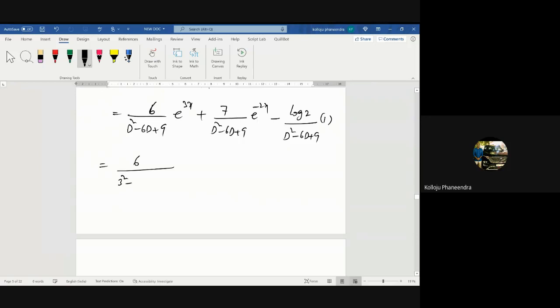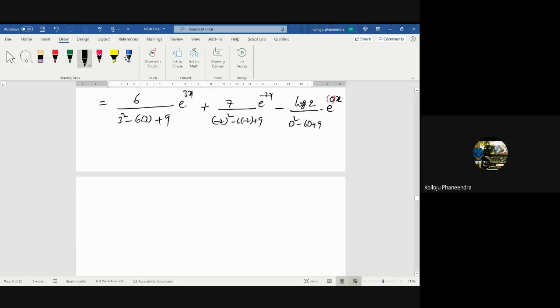You write 3 square minus 6 into 3 plus 9 for e power 3x, and for 7, minus 2 whole square minus 6 into minus 2 plus 9 for e power minus 2x. And log 2 is the constant, so take it as e power 0x, so replace D by 0: 0 square minus 6 into 0 plus 9, into 1.